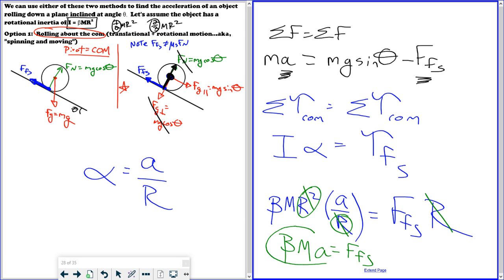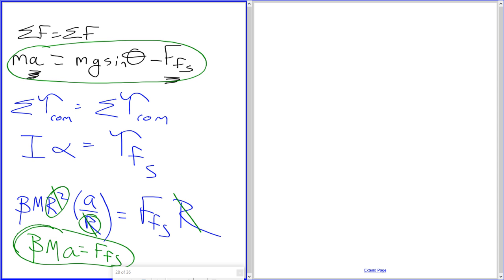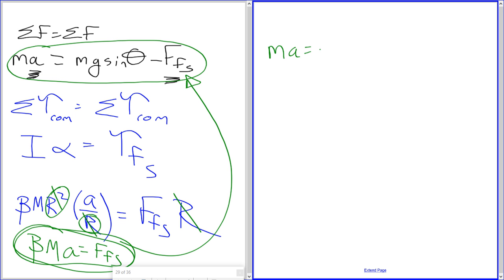So now I've got two equations and two unknowns. Let's solve this thing. If I just do a substitution, replacing F_fs up here, then I'm good. So my new equation is ma equals mg sine theta minus F_fs, but F_fs is beta times ma.